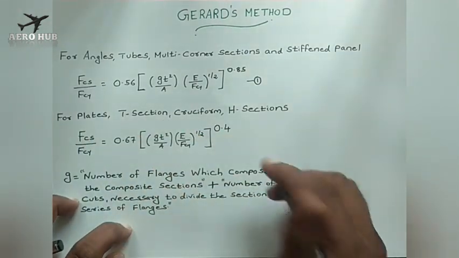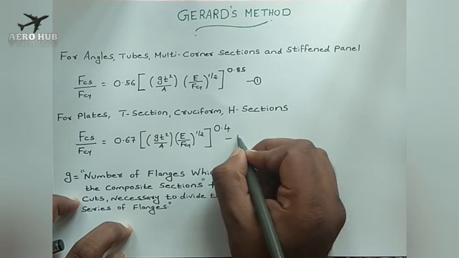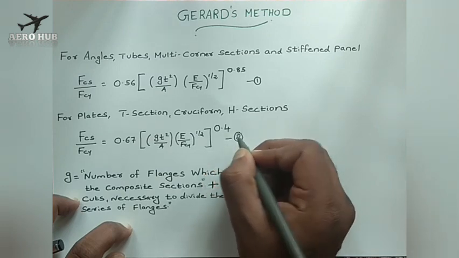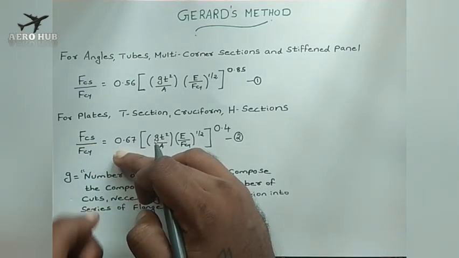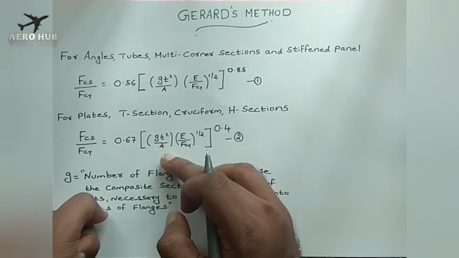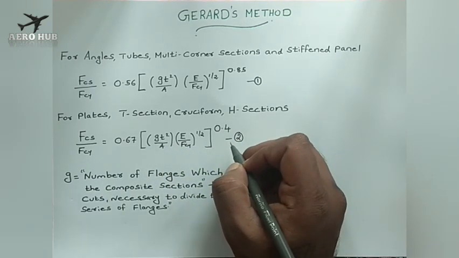Then for plate, T section, cruciform section and H section, we use the second formula, that is FCS by FCY equals 0.67 into GT square by A, E by FCY, the whole power 1 by 2, the whole power 0.4.